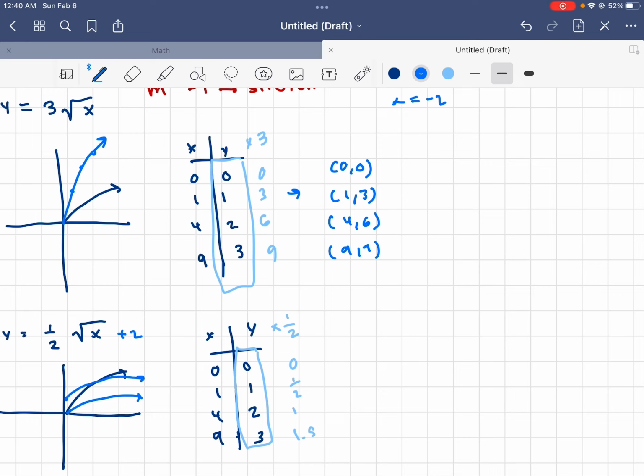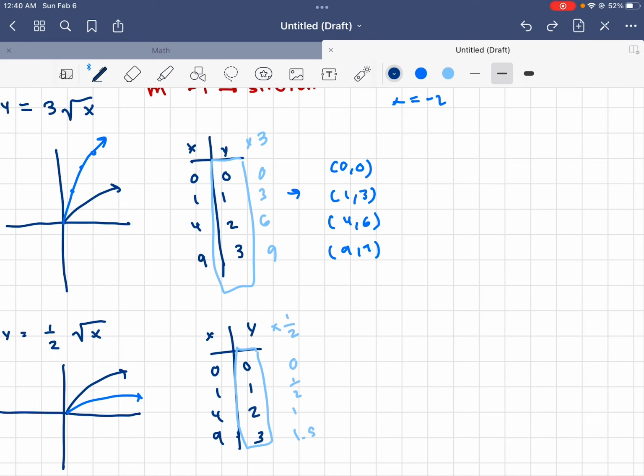And if we had minus 2, it would move it down 2. And if inside we had plus 2, it would move to the left 2. And if we had minus 2, it'll move to the right 2. And we'll have that.